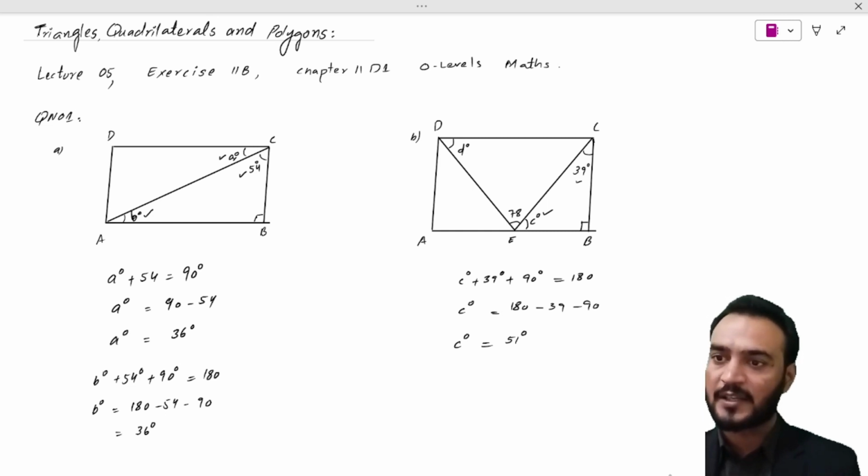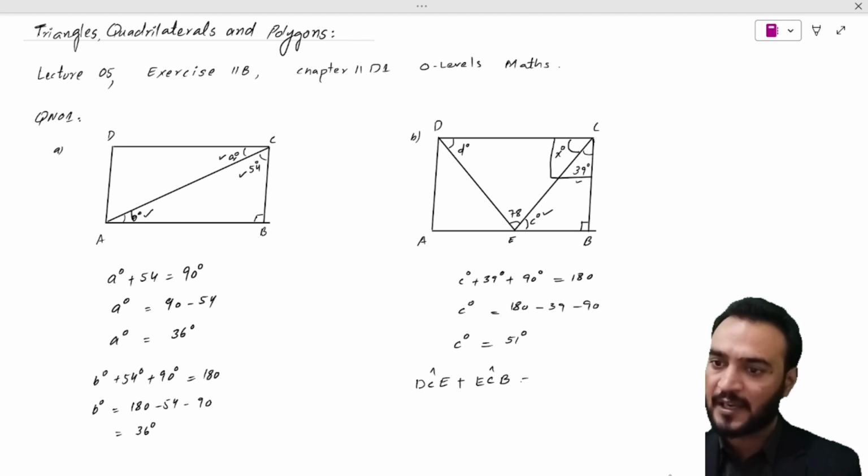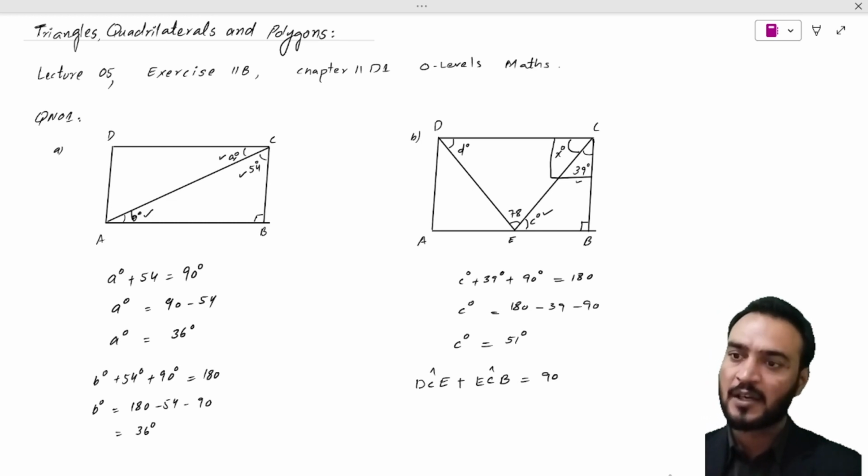Now we have to find the value of D degree. For that we have to find this angle in the rectangle, as the sum of these two angles is equal to 90 degrees. So let us consider this angle is X degree. Angle DCE plus angle ECB, the sum of these angles is equal to 90 degrees, because all the interior angles of a rectangle are right angles.